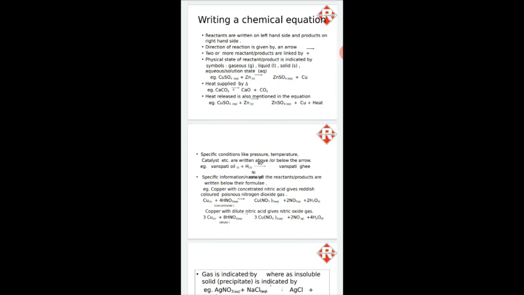So heat supply is indicated by a triangle. Below is an example: calcium carbonate, that is CaCO3, gives CaO plus CO2. Here the triangle indicates that we supply heat for the formation of product.